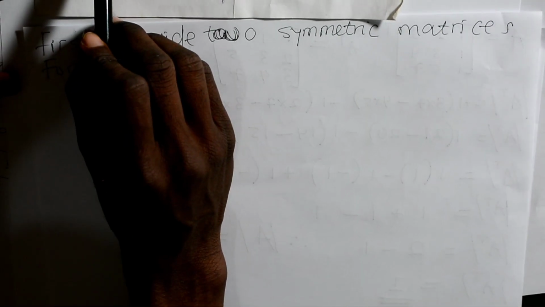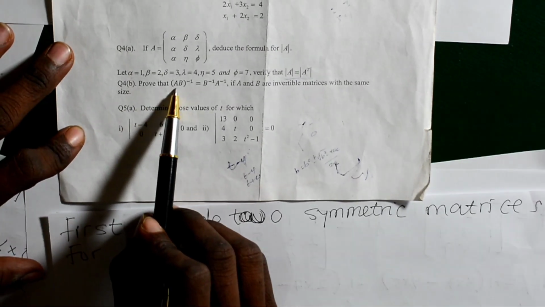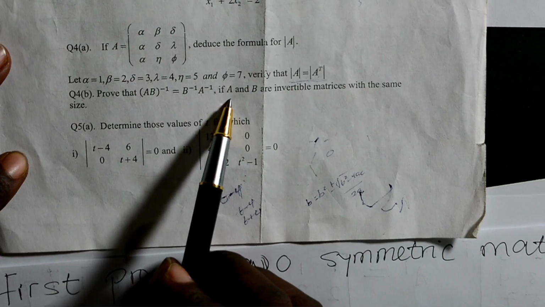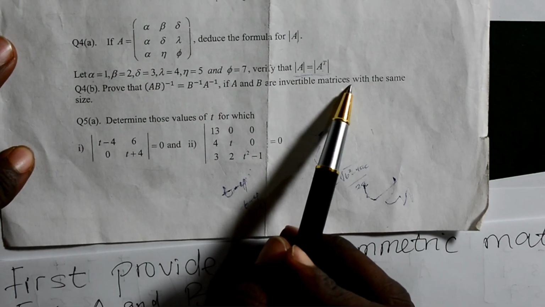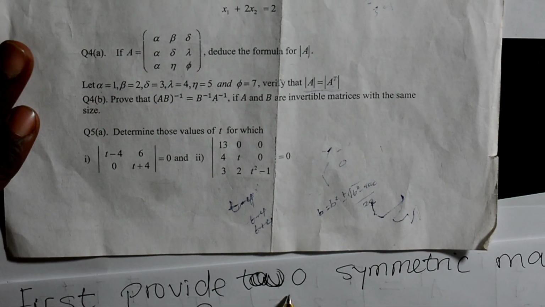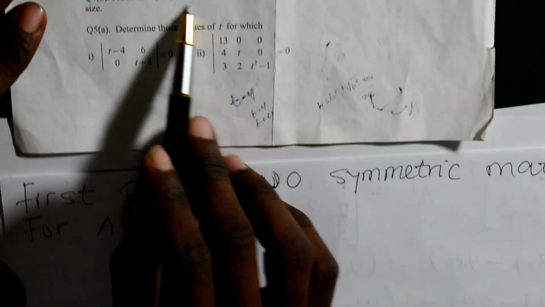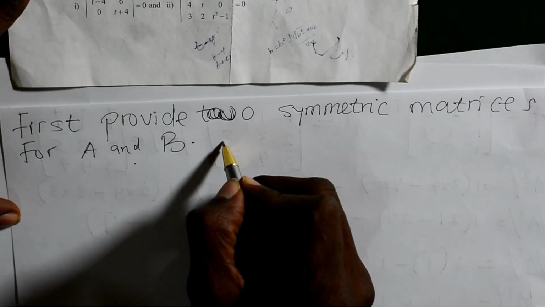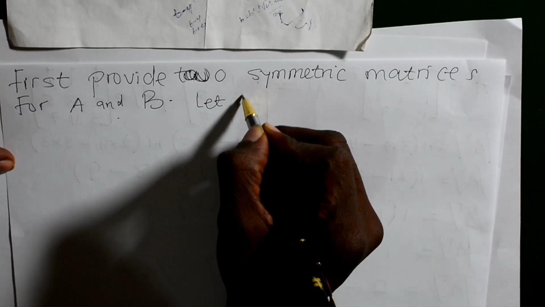The next question says, prove that AB inverse is equal to B inverse A inverse if A and B are invertible matrices with the same size. So first we are to provide two symmetric matrices for A and B. Open a matrix by ourselves, A and B, and these matrices must be symmetric.